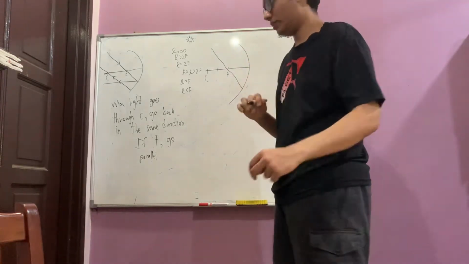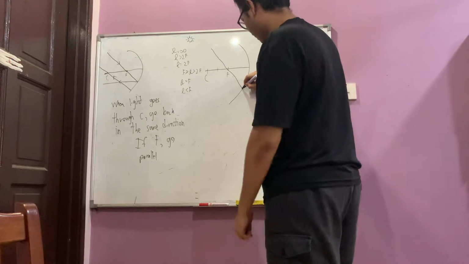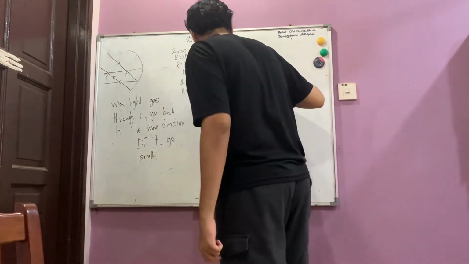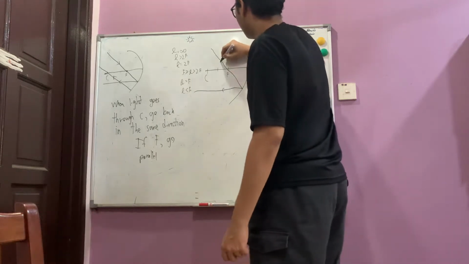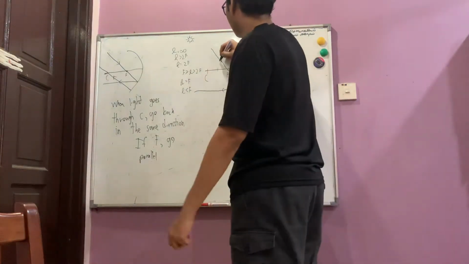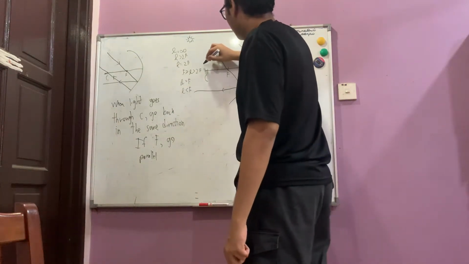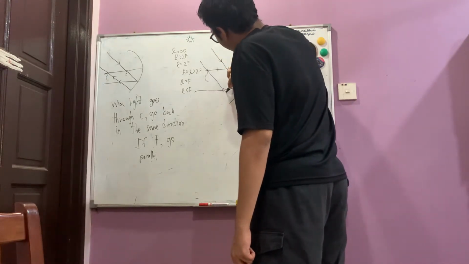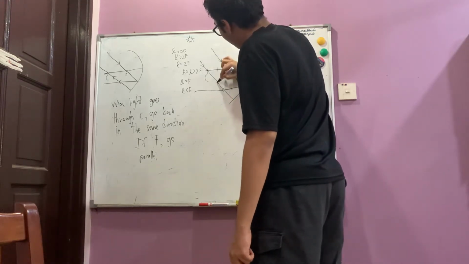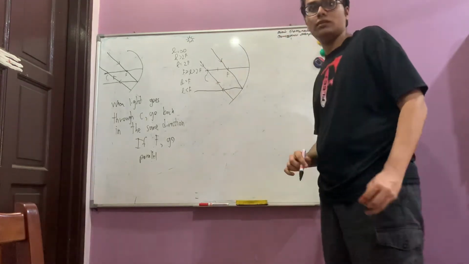The drawing is not perfect, but bear with me. It goes straight like this, like this, like this. I'm drawing without a ruler, so bear with me. And then when it comes like this, it will go back.